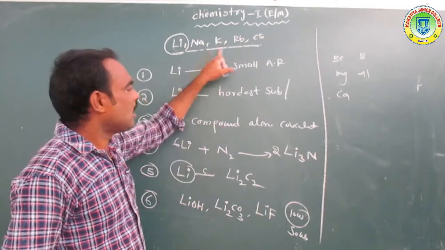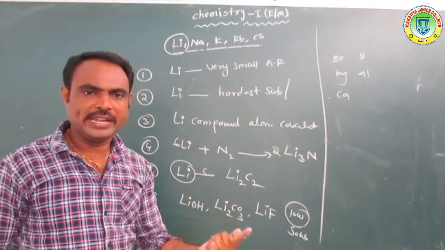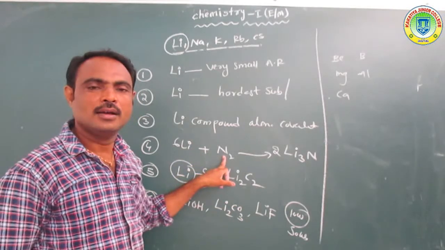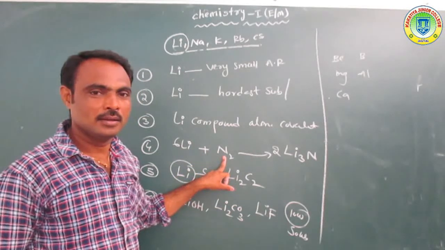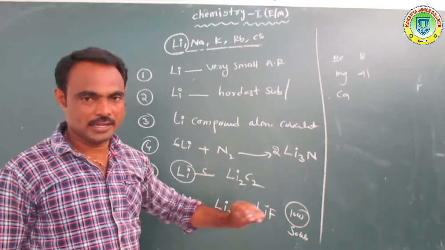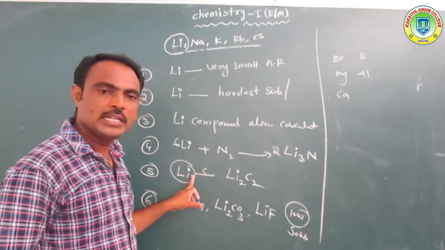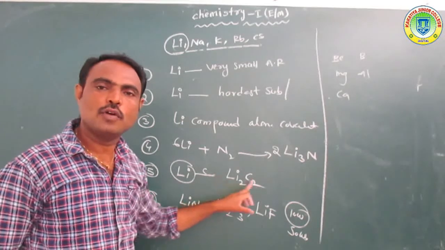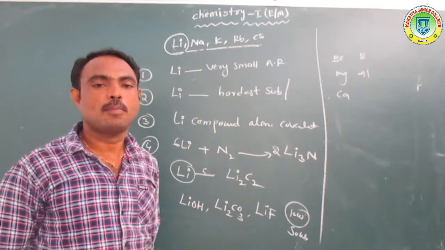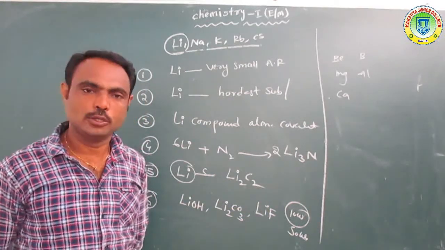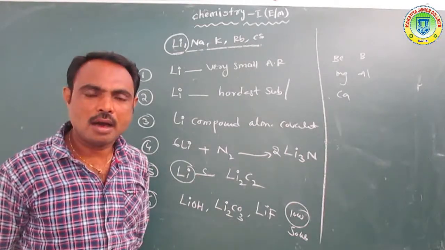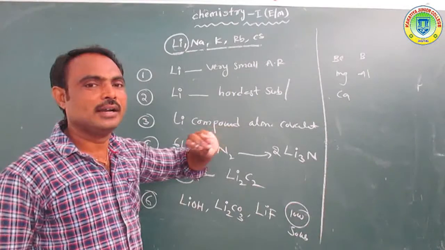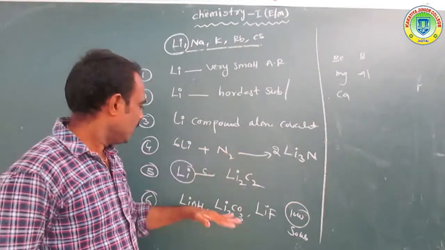The remaining elements do not react directly with nitrogen. Next, lithium directly reacts with carbon to form lithium carbide, Li2C2, but the remaining elements do not react directly.